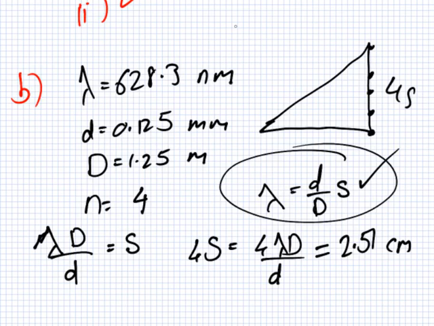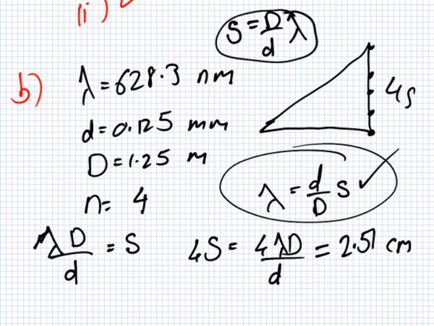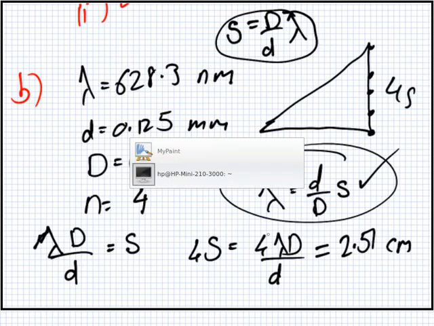I think I might have written this in class: s equals big D over small d times lambda. Yeah, roughly. But we want to get the d's the right way around. Anyways, is this 4s or s? This answer is for 4s. I put the 4 in. So that's right. Okay. You know, roughly. Can I close?